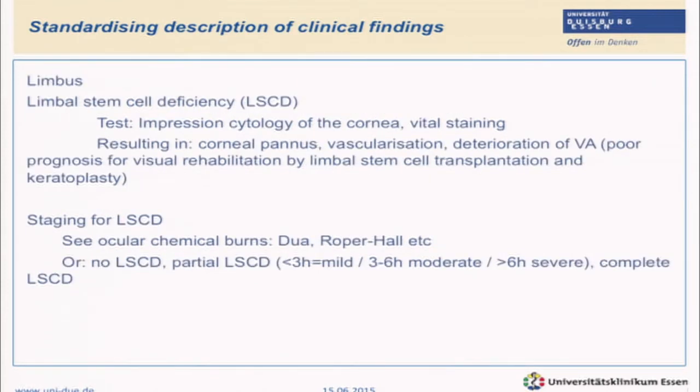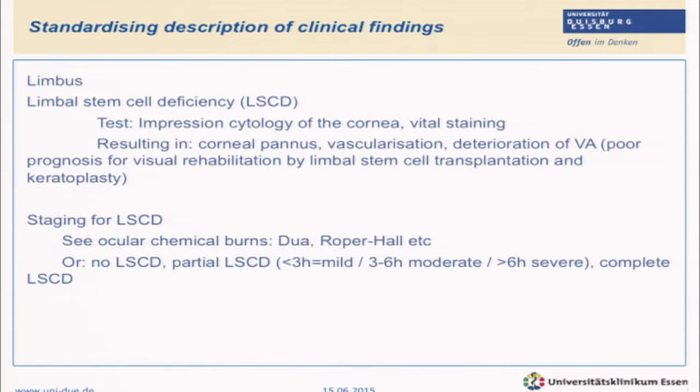If we come to the limbus and the cornea, we have the limbal stem cell deficiency. Also here we can use this impression cytology of the cornea to show that the cornea is invaded by conjunctival tissue, and we can also use vital staining with fluorescein, for example.